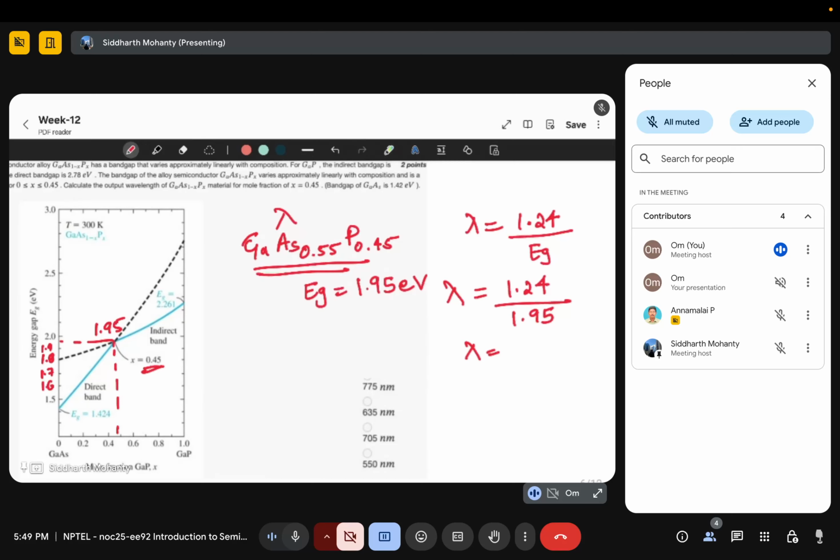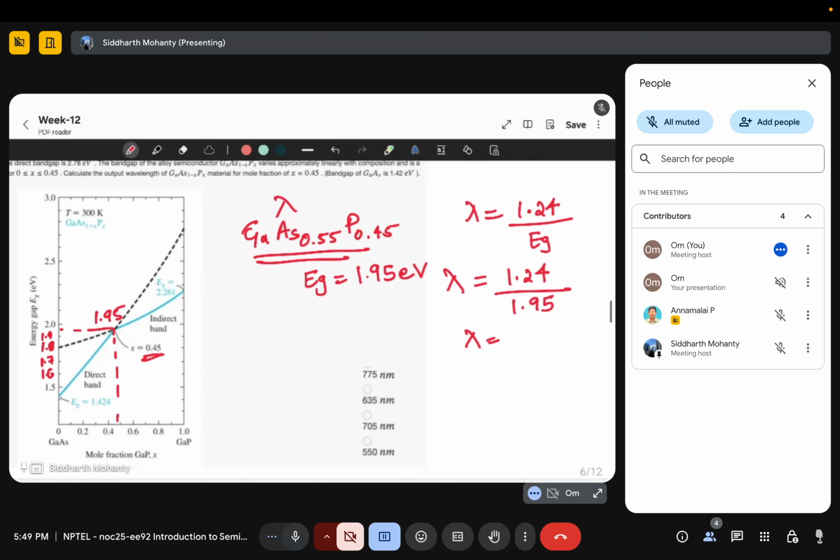So if you do the calculation, it comes out to be 0.635 micrometer. This lambda is in micrometer, and this is in eV. So this is 635 nanometer.